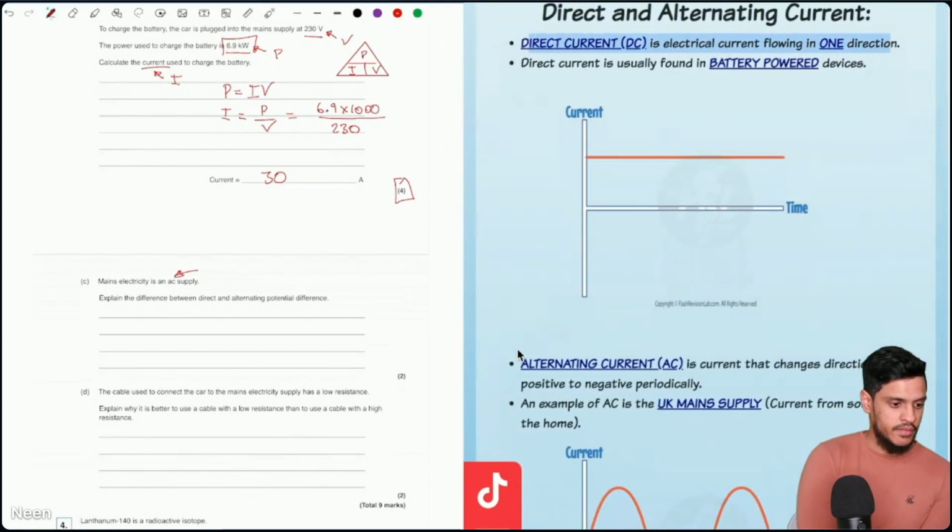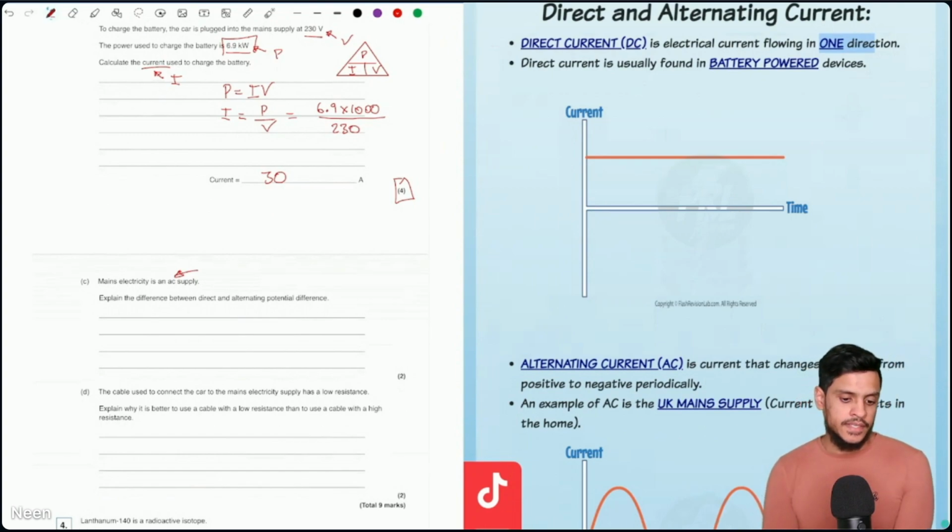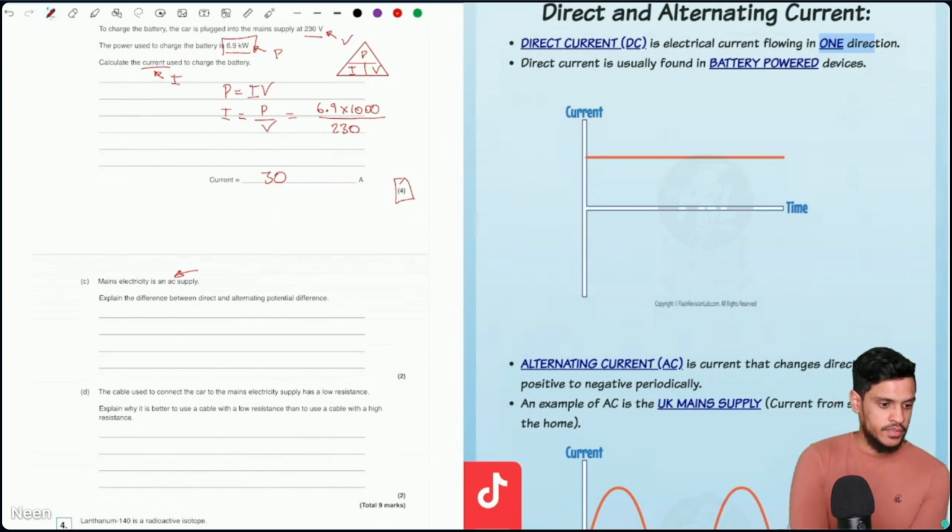Here we go. Direct current flows in one direction. Yep, thank you. And alternating current is in the opposite direction. Good. That's enough for both marks.